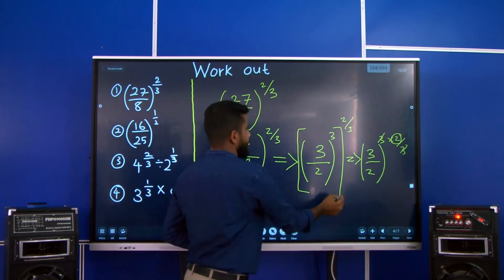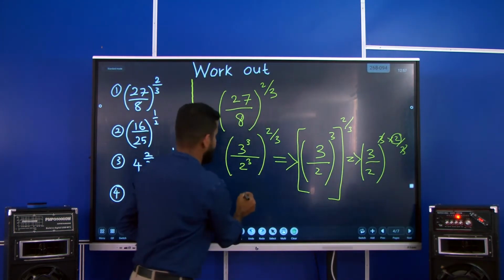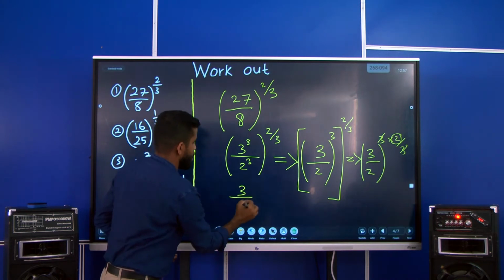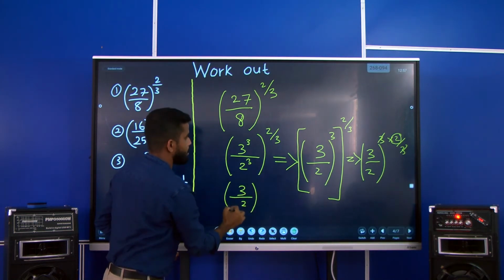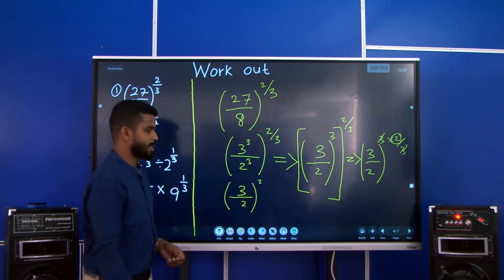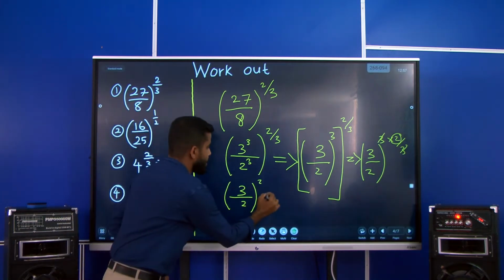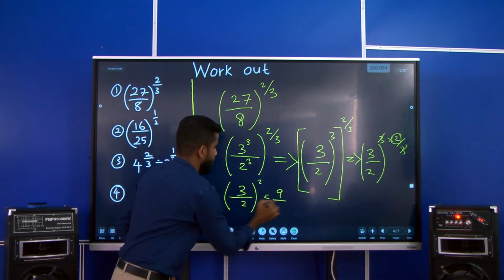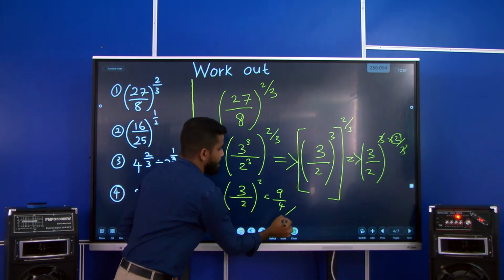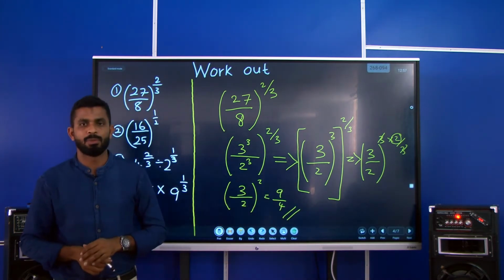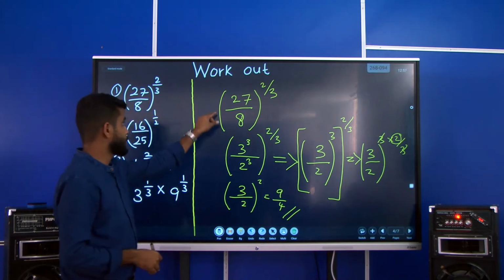I can write it as 3 divided by 2 to the power 2. Therefore, 3 squared is 9 and 2 squared is 4, and 9 upon 4 would be the final answer for this question.